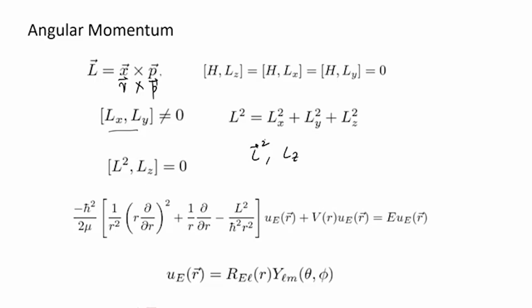So we take these two as the basis for constructing the eigenstates, and this gives you these Ylm functions, which are functions of theta and phi.